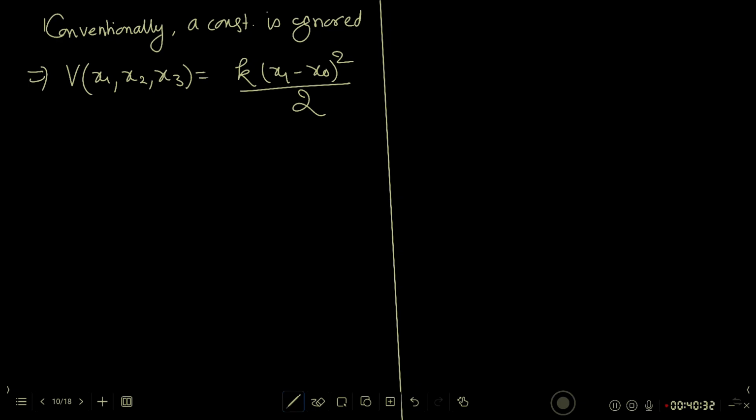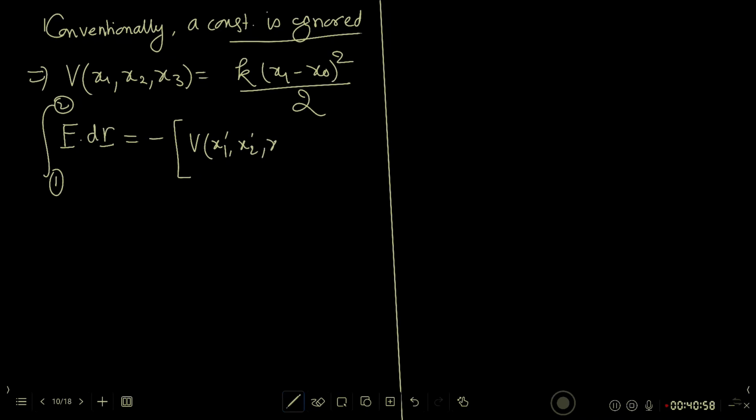there is a good reason why this constant is ignored. Mind you, the way I am going to use the potential function is to find the work done by this conservative force field on a particle which moves from 1 to 2, and we know that it turns out to be the difference in the value of V at two locations. Difference, always, difference is important, difference matters.